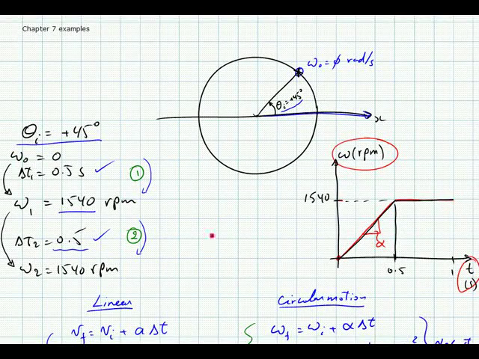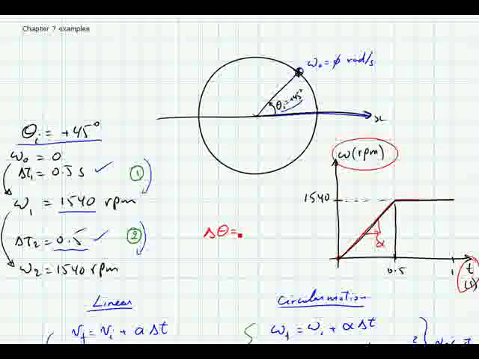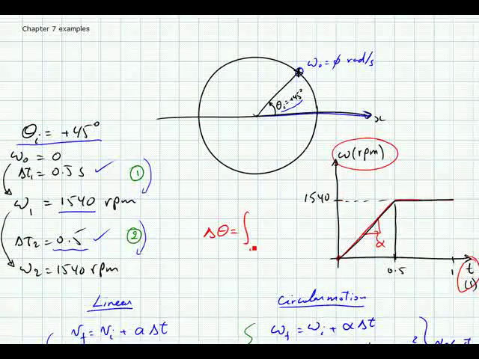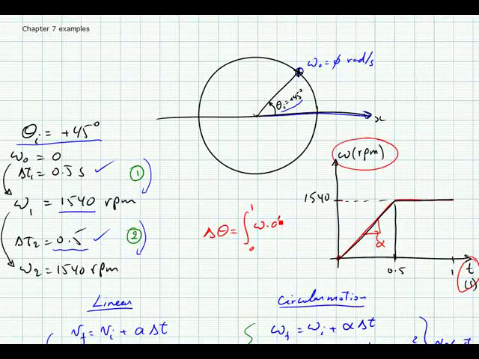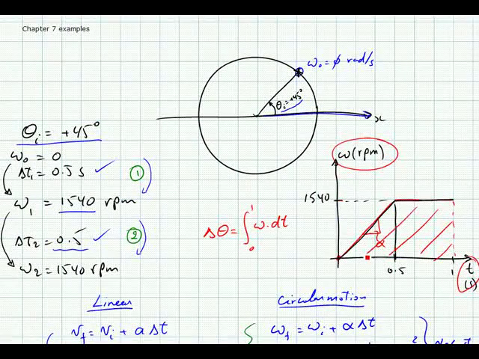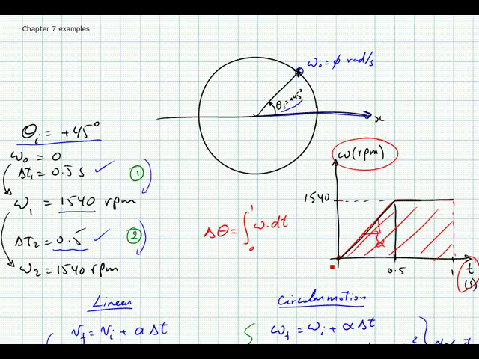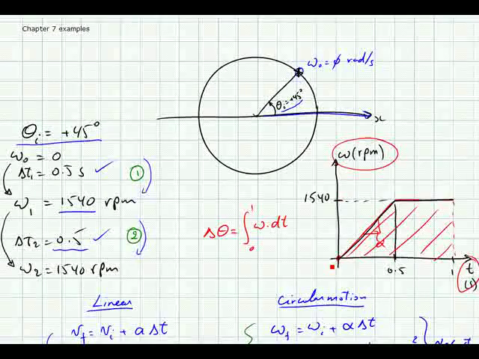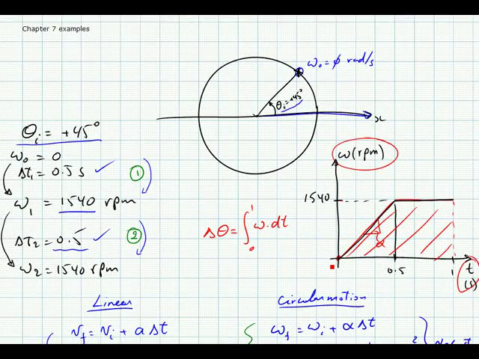Now total displacement delta theta is simply the area under omega dt from 0 to 1 second. So geometrically it's this complete area here, which is the area of the triangle to the left plus the rectangle to the right.